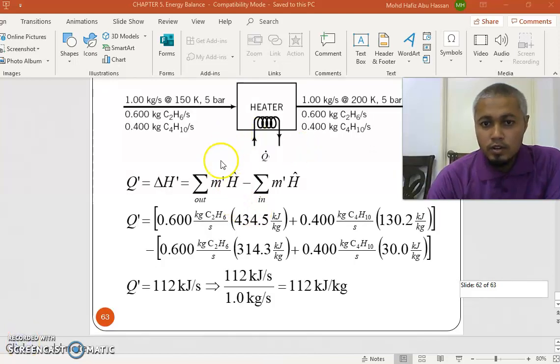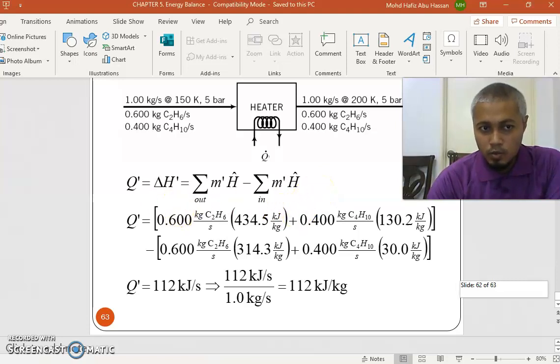Referring to the values given in the textbooks, we can get the value of enthalpy output for C2H6, which is at this part as 434.5 because the condition is at 200 Kelvin and 5 bar. The same goes here at 200 Kelvin and 5 bar, we have 130.2 kilojoule per kg, where it is actually given in the question.